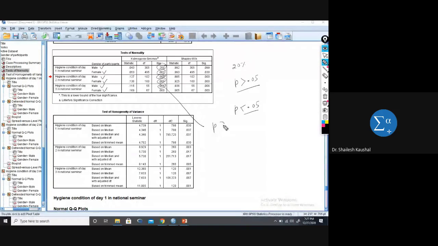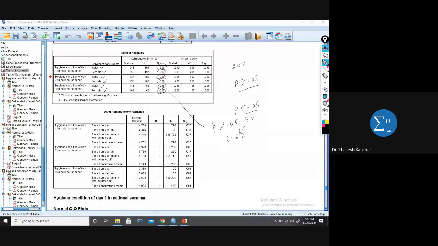A p value greater than 0.05 means, for example, 6.6% when the threshold is 5%, so greater than 5% means normal. But for female, it is not normal. So the data is not normal, because for normality, every group should be normal. If one is not normal, then we will say our data is not normally distributed.